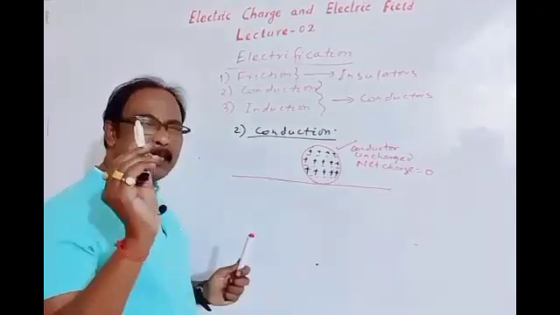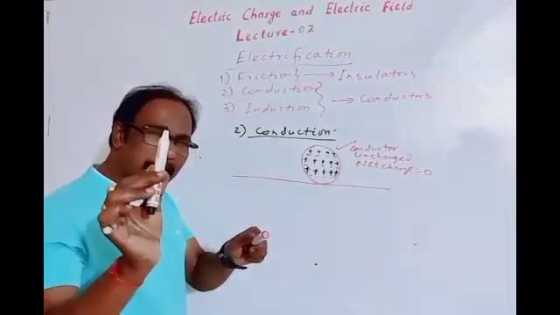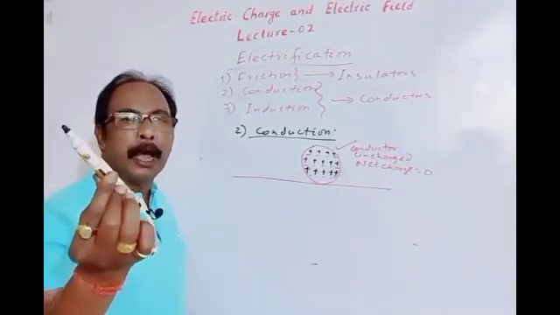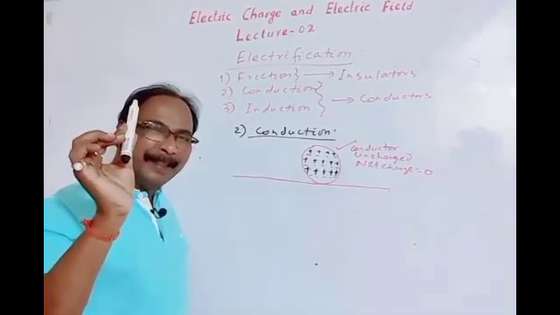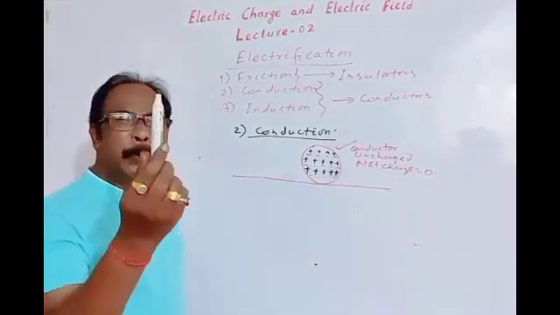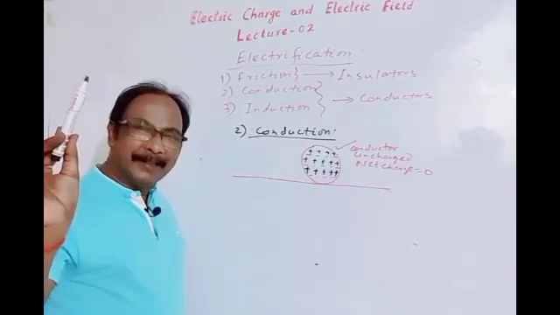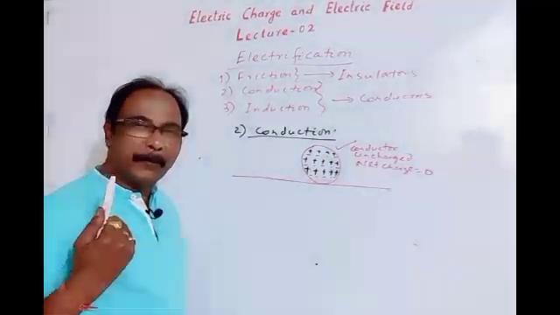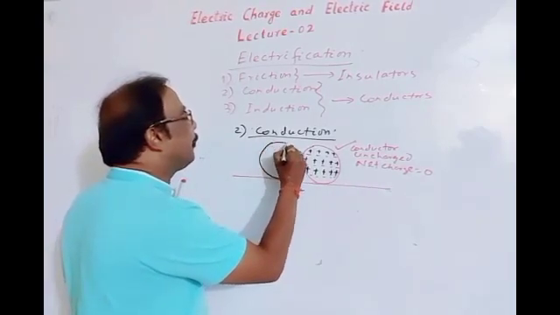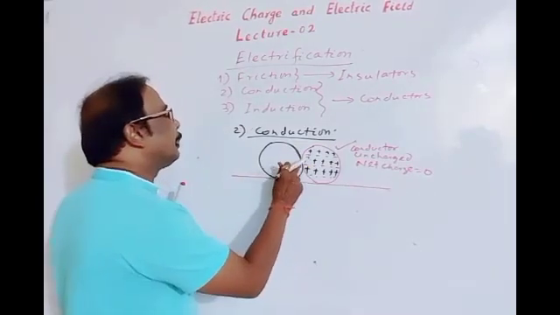Suppose this is an insulating body. Insulator. This insulating body is rubbed against another body, and this insulator gets charged. Means insulating body gets converted to a charged body. I can hold it in my hand because charges will not flow in the insulator, and means it will not flow to my body. Now the charged insulating body is kept in contact with the conductor.